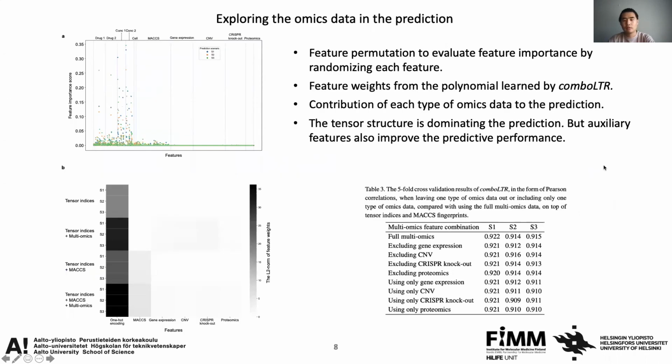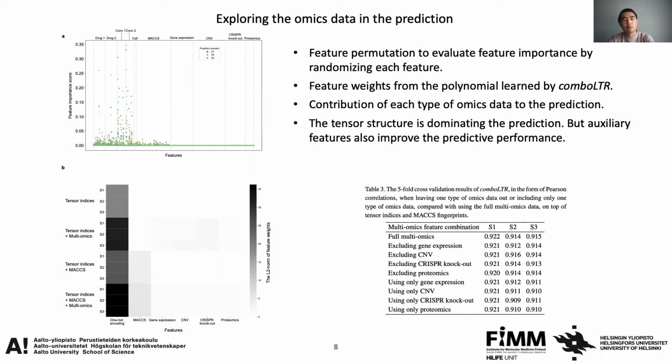In addition, we also did some exploration on the cell omics features to investigate the contribution of omics data to the prediction. We did feature permutation to evaluate feature importance by randomizing each feature. We also extracted the coefficients of the polynomial learned by ComboLTR to inspect the feature weights. Besides this analysis, we also tried to include or exclude each type of omics data during training to evaluate its contribution to the prediction.